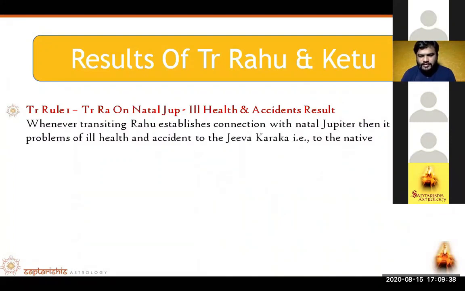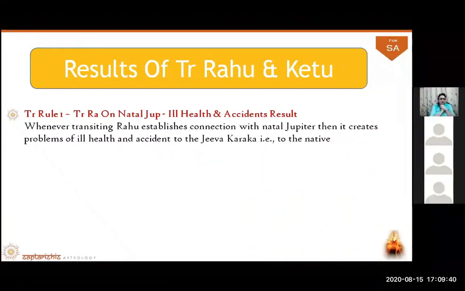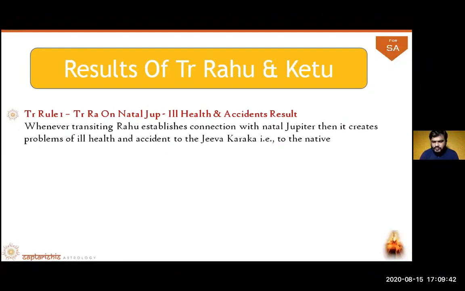As you can see in the presentation, whenever transiting Rahu establishes a connection with natal Jupiter, it can create problems of ill health and accidents to the Jeev Karaka. Jeev Karaka is Jupiter or the native. So we have to consider both: transit Rahu on natal Jupiter or transit Jupiter on natal Rahu. Any one has to be there.